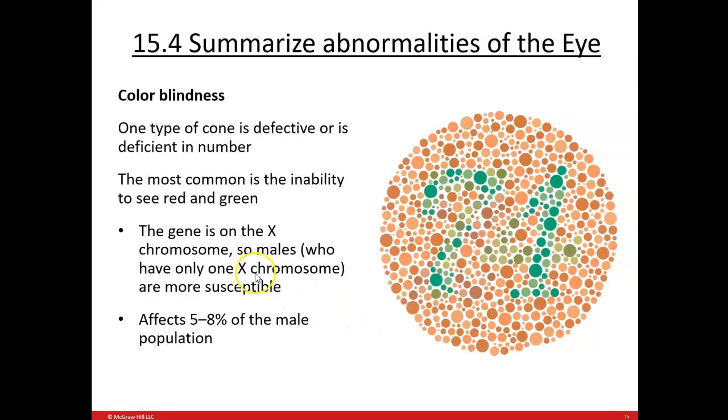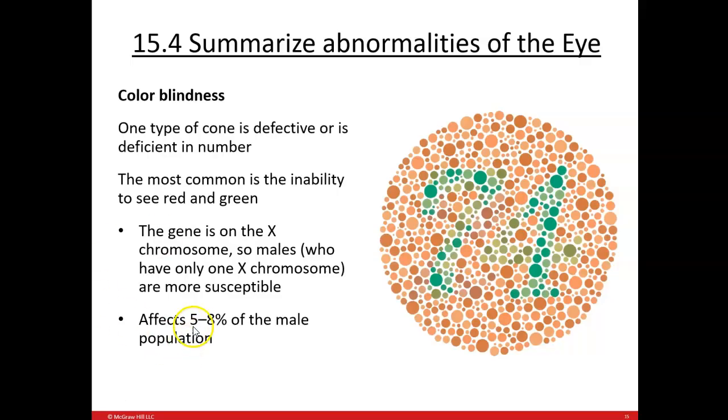It turns out that red-green color blindness is a lot more common in males, and it has to do with the way it's inherited on the X chromosomes. And you don't have to remember that because we didn't study that. But just be aware that it's a genetic trait and it's inherited more frequently by males than females.